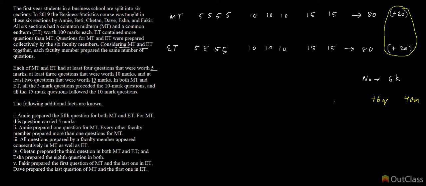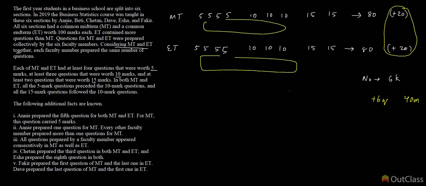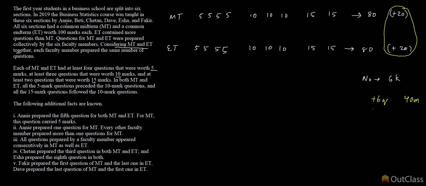We want to find the breakup of this in such a way that you're adding more questions to ET than to MT. We'll look at that. 6 questions worth 40 is going to be, if you put all 5s, it's going to reach up to 30 only. To go from 30 to 40, we can do a substitution.